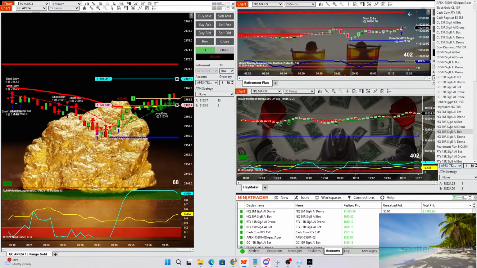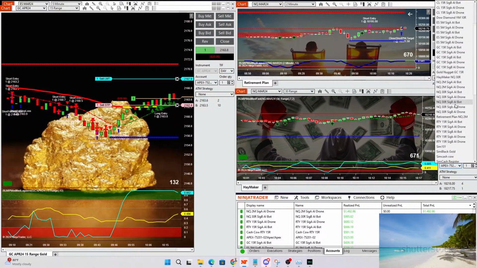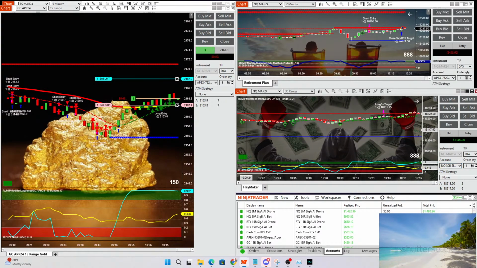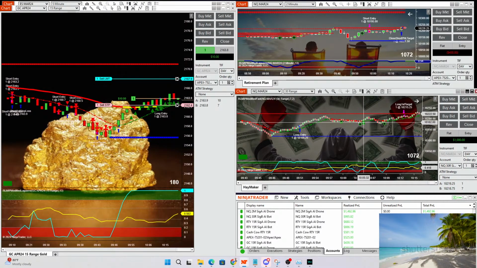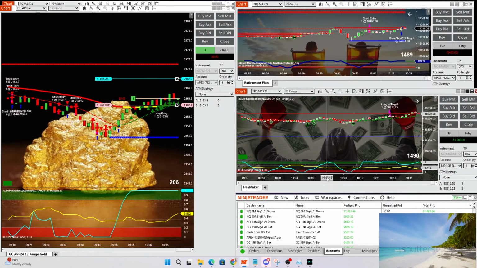Had I just stayed with that strategy, that Signal B AI bot jumped into that long position and was in it forever. You could see it here. Jumped in here and rode it all the way up. Took about 30 minutes to get there. That's the same one that I got a full winner on the Apex account.